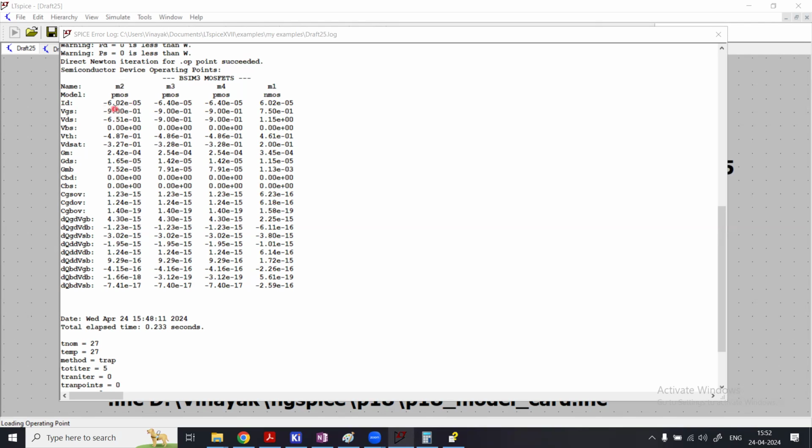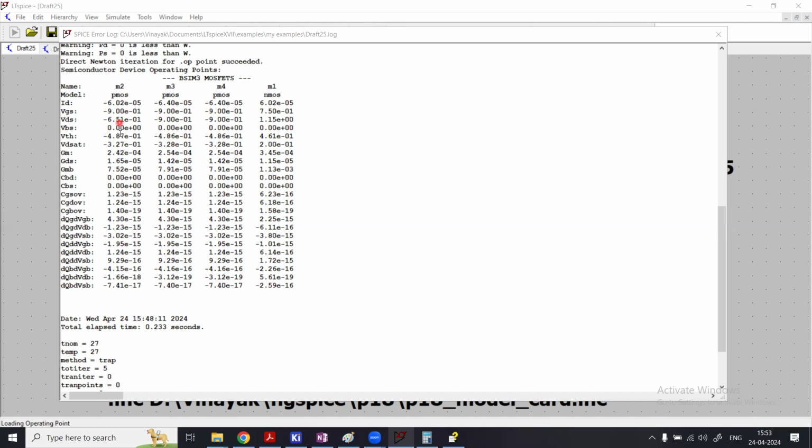Similarly for M2, which is the active load. Look, ID is same as M1. Then VGS is like 900 millivolt. VDS is like 650 millivolt, and VDSAT is like 320 millivolt. So it is also saturated, right?